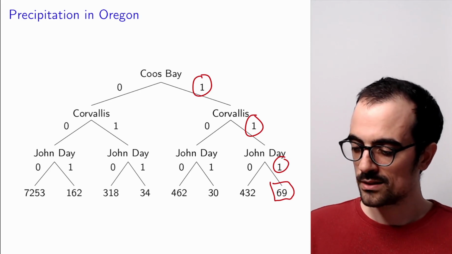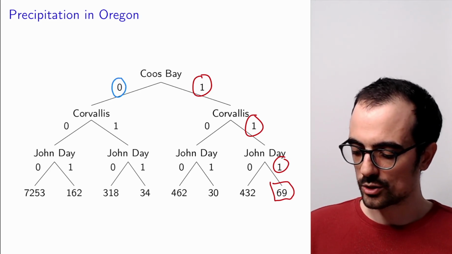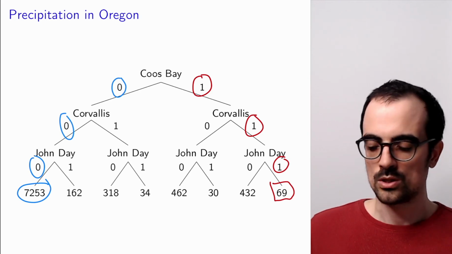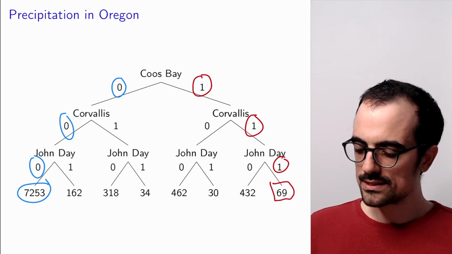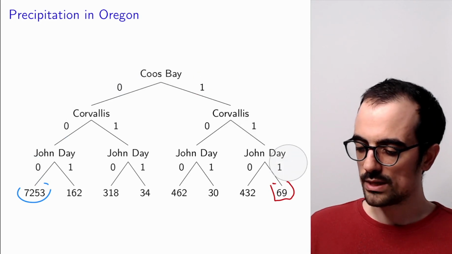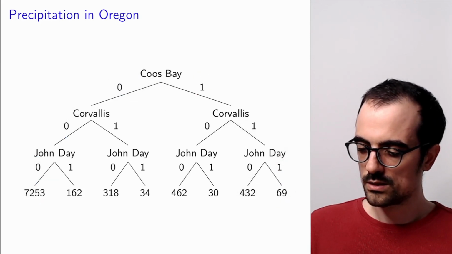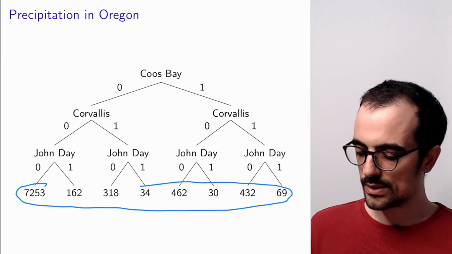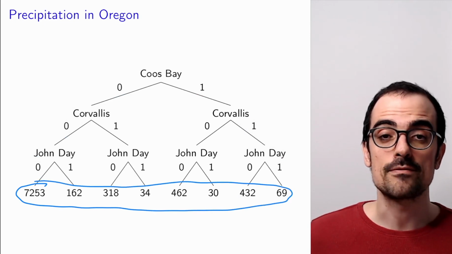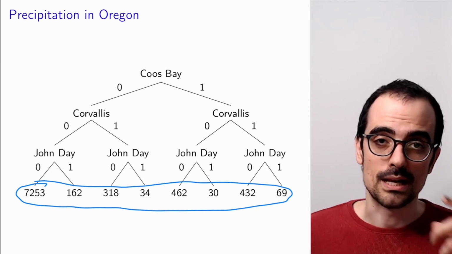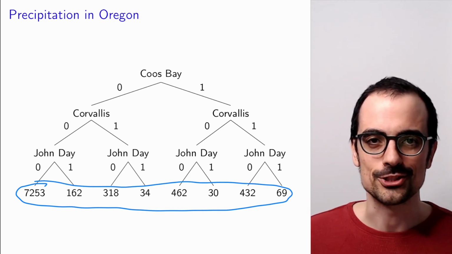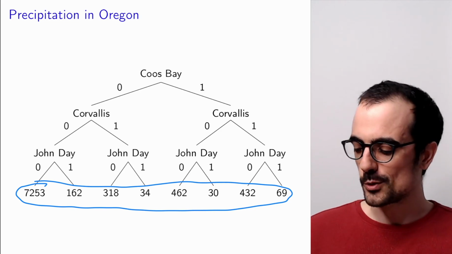We can also ask how many times was it not raining in any of the places? 7,253 times. All right. So you can see that these are really the data points that are telling us the counts of the different possibilities. And now how do you estimate a joint PMF from them? You just normalize them. You divide them by the sum, which is n in our notation, the total number of data points.